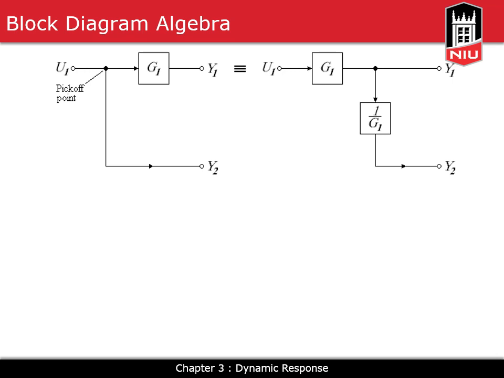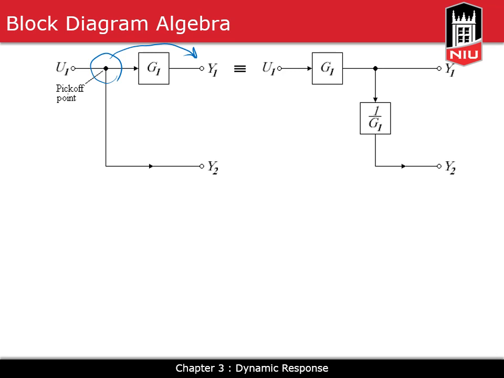A pickoff point. What happens if we have to move a pickoff point in order to be able to simplify a block diagram? If we have a pickoff point somewhere in the block diagram, let's say here, and I want to move the pickoff point after the block. It is now before the block. Pay attention to the direction of the arrows.